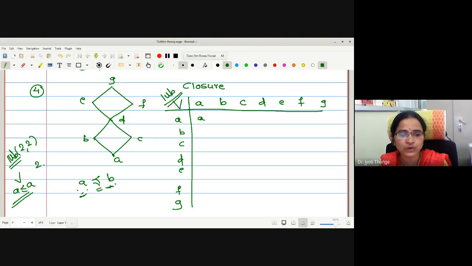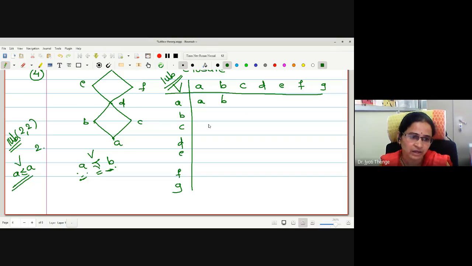It is B, correct? Are you getting confused? Suppose 2 is less than or equal to 3 holds, and I ask what is the least upper bound of 2 and 3? 3 only.